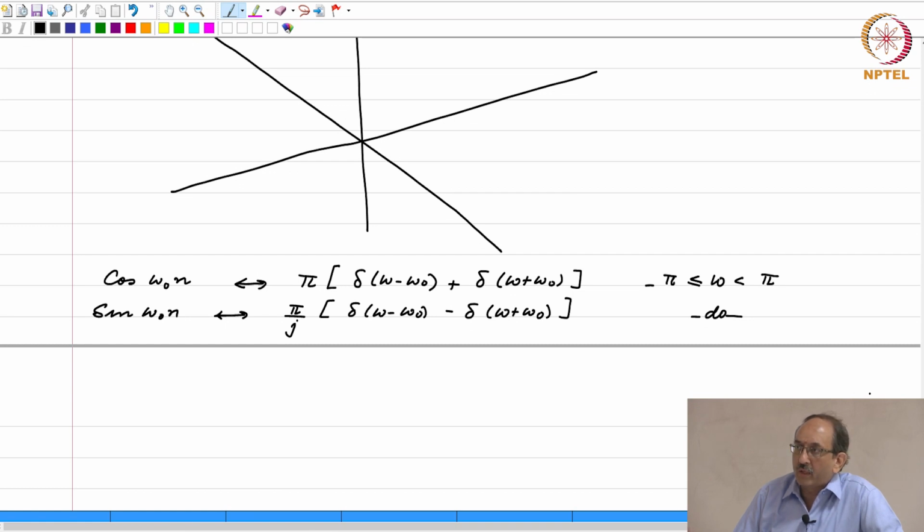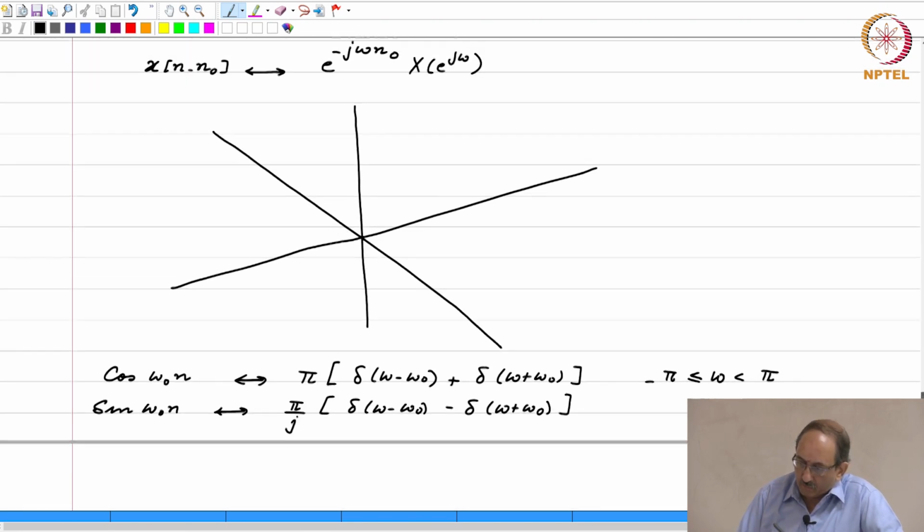All you needed to do there was you replace z by e to the j omega. Therefore, 1 by 1 minus a z inverse became 1 by 1 minus a e to the minus j omega. There you do not need to specify the range, because by the very nature of the expression, if you replace omega by omega plus 2 pi, the periodicity is there in the form that it is written.